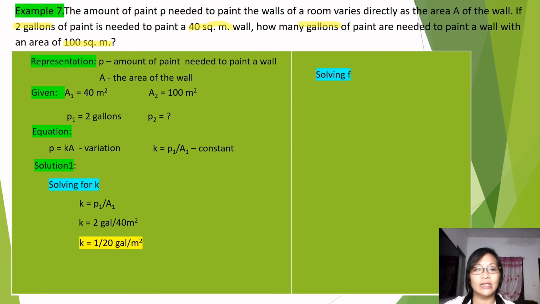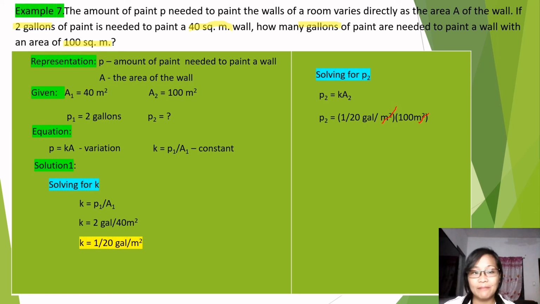And for our P sub 2, we have P sub 2 is equal to K A sub 2. Then substitute the given. P sub 2 is equal to, for our K, 1/20 gallon per meter squared times our A sub 2, which is 100 meter squared. Then, cancel the meter squared and meter squared.